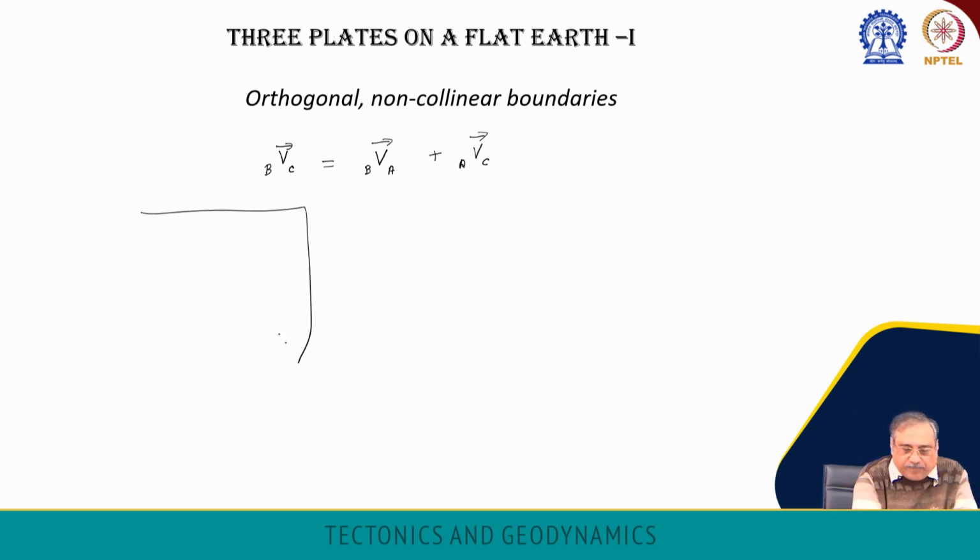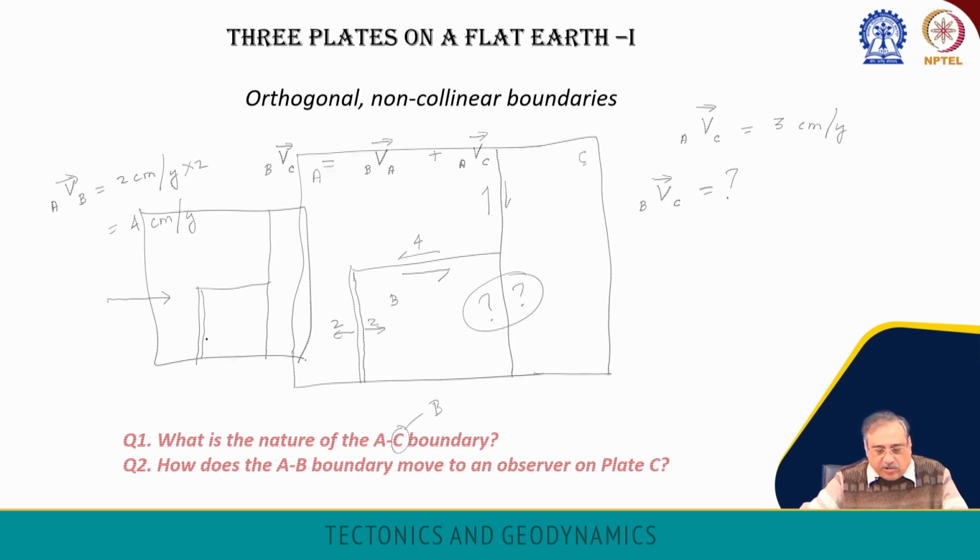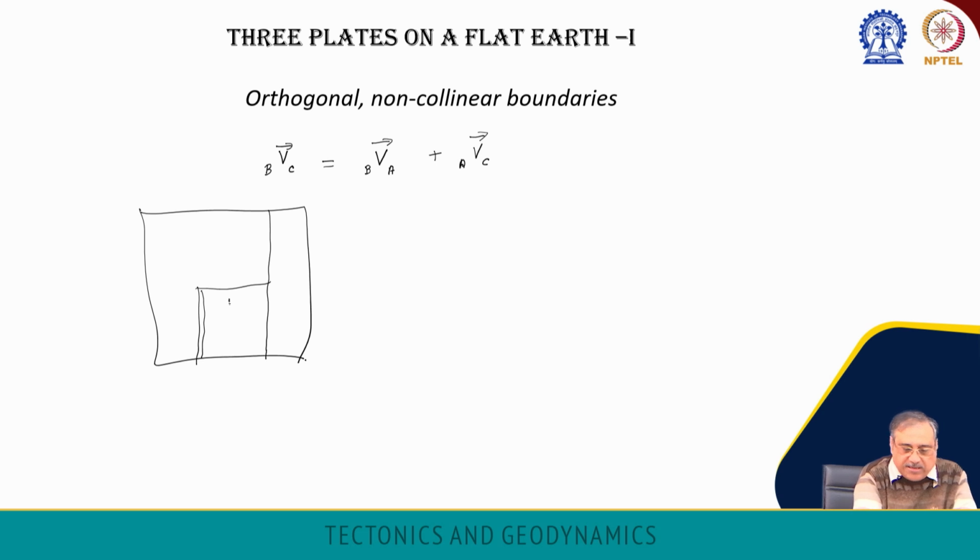So, once again, just to go back to this little diagram we had. I am forgetting the nomenclatures. So, this was B, this was A, and this was C. When you have something like this, this is 2, this is 4, and this was 3.